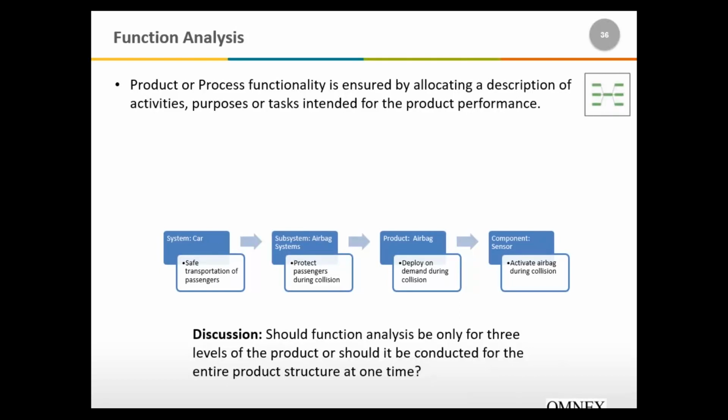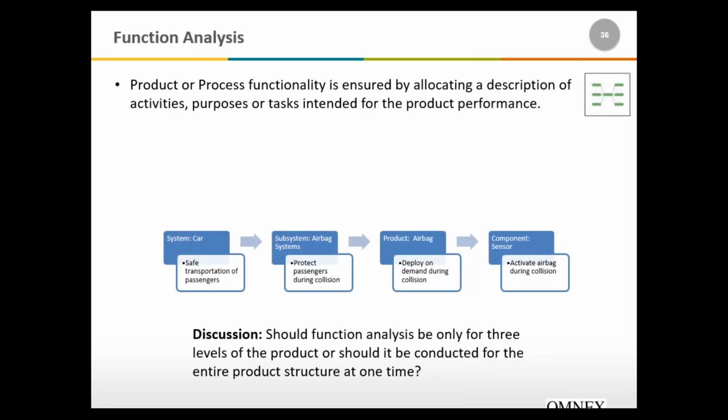So what we are really looking at in this case is a flow down of requirements. That's another thing Chad mentioned: 26262 actually makes it mandatory that we have traceability of the flow down of requirements, and it's a very good best-in-class approach. At the system level, I want the car to be safe, but what does that mean when I'm talking about the airbag systems?